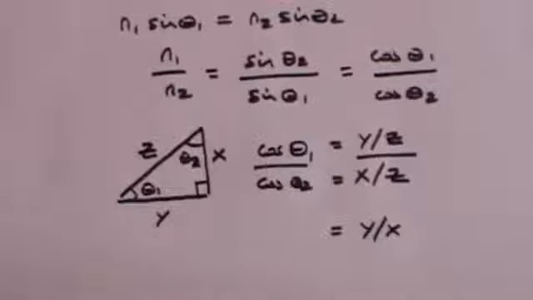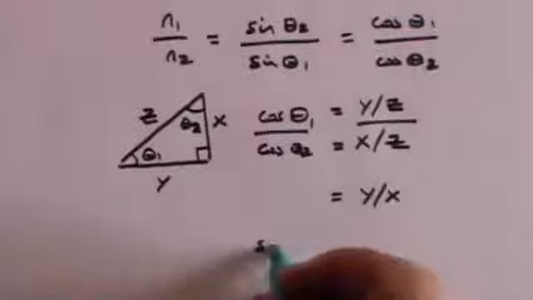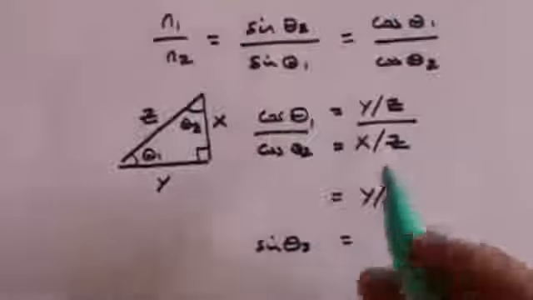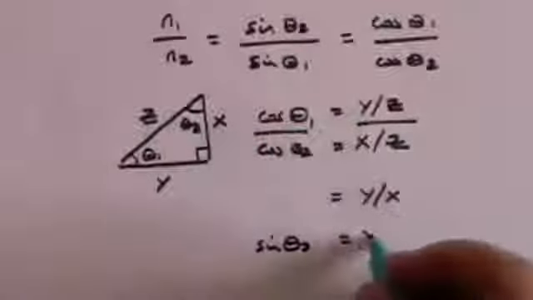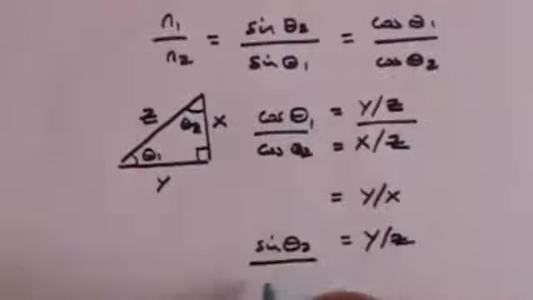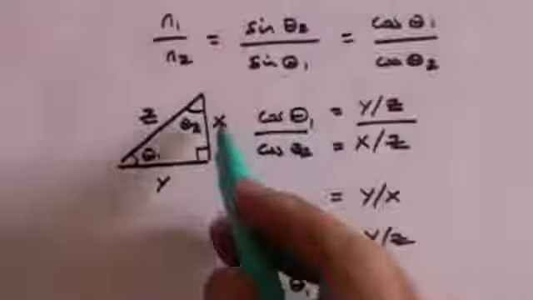Now let's have a look at this same thing and look at the sine. The sine of theta 2 is y over z. The sine of theta 1 is x over z.